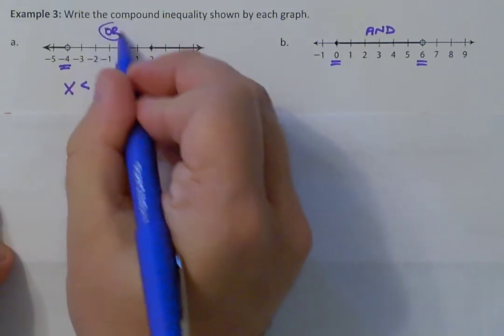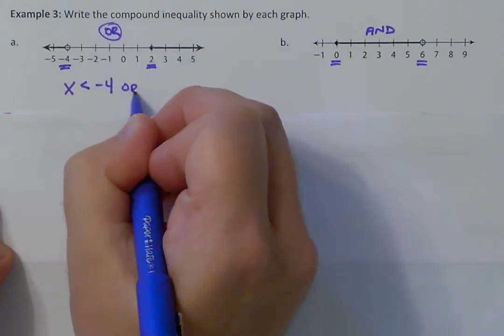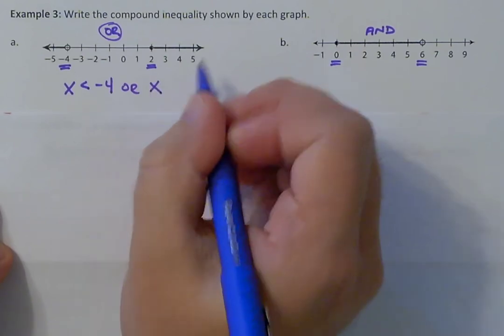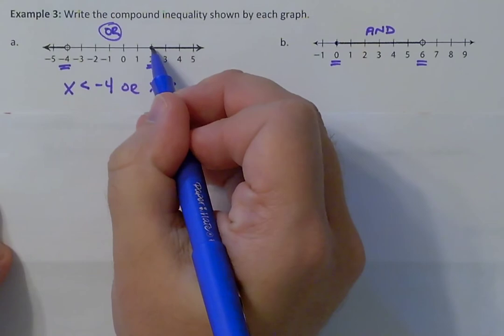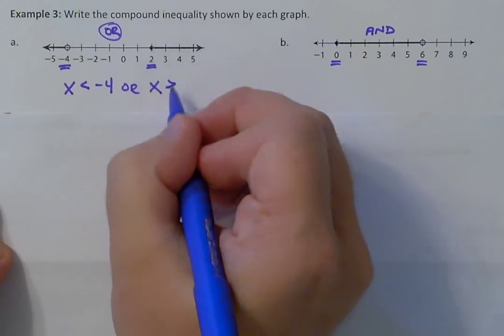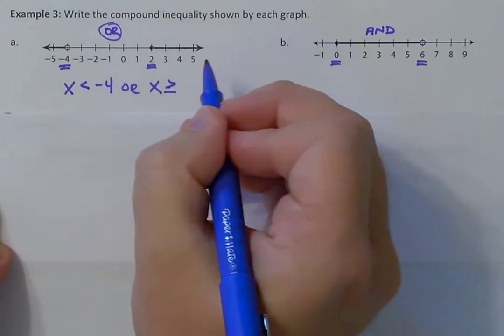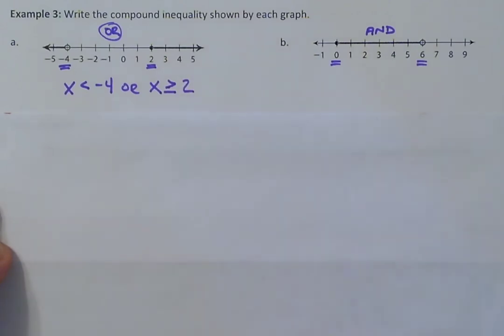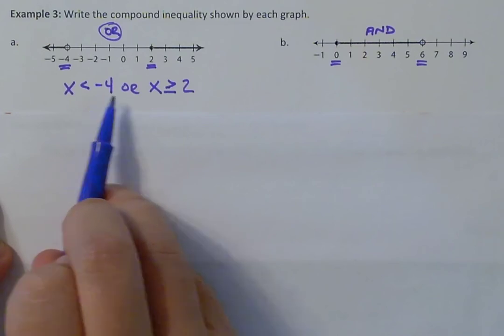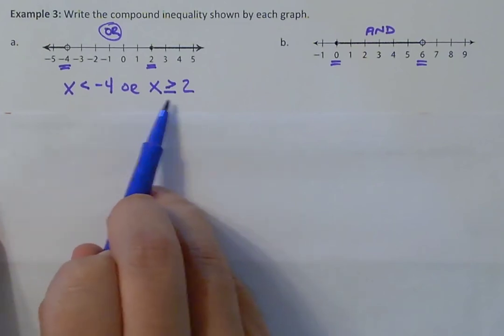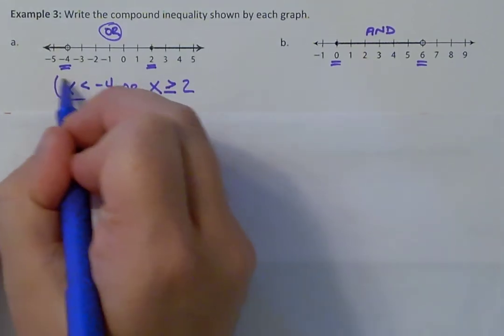We're going to bring in the word OR, and then it's x greater than, and then it is going to involve an equal to sign because it's a closed dot, and then 2. So my statement would be x is less than -4 or x is greater than or equal to 2.